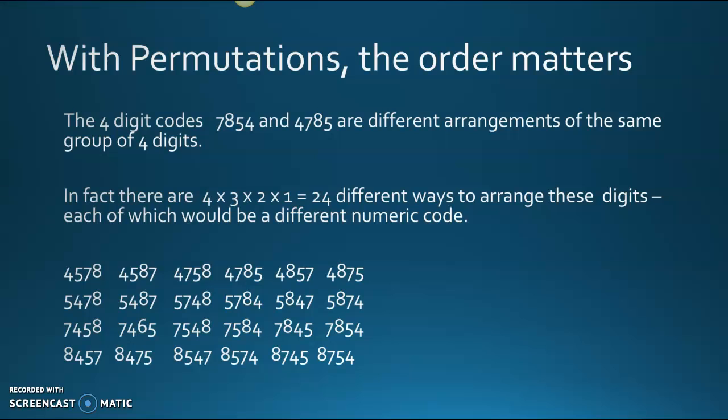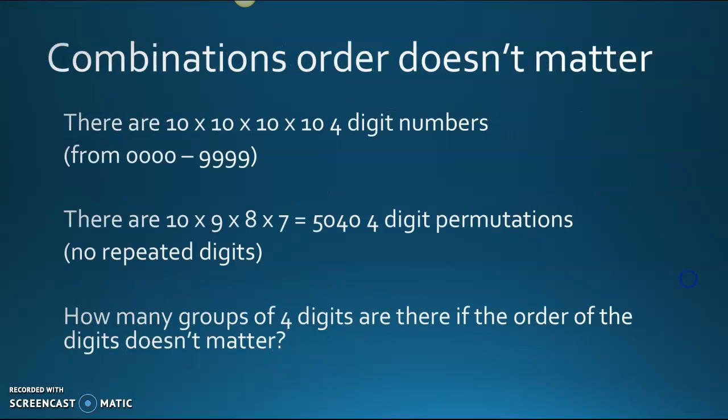In fact, there are 4 times 3 times 2 times 1 or 24 different ways to arrange these 4 digits. And that's only the set of digits that include a 4, a 5, a 7, and an 8. So I've got 24 different possibilities here just with those 4 digits. Now, combinations, the order doesn't matter.